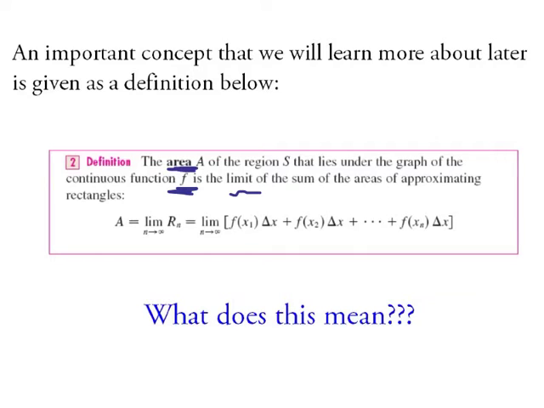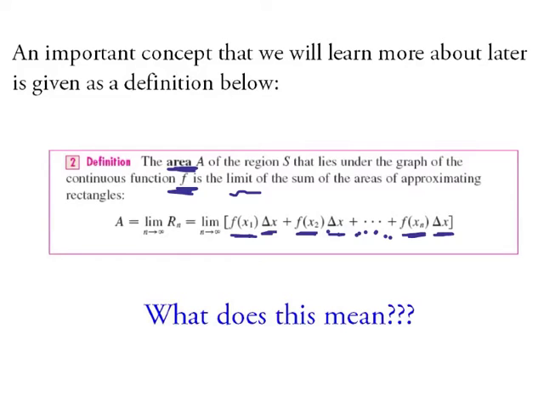So in other words, let's just start at the end here. This is the width of one of the rectangles, and this is the height of the first rectangle. Here's the width of all the rectangles. This is the height of the second one. And then we go all the way up to the width of the nth rectangle, and then the height of the nth rectangle.